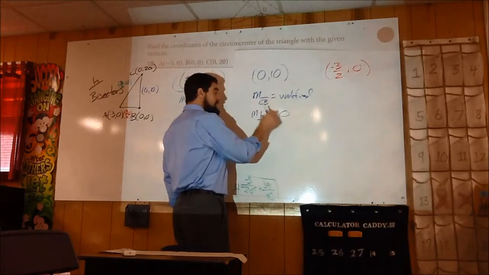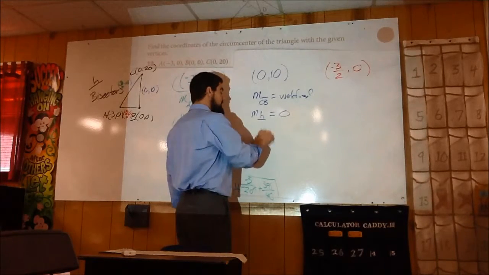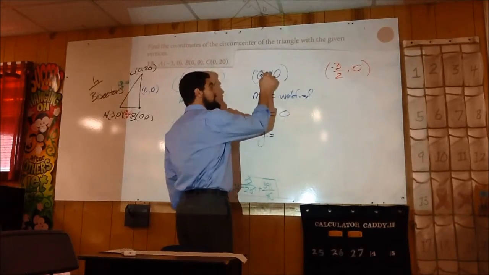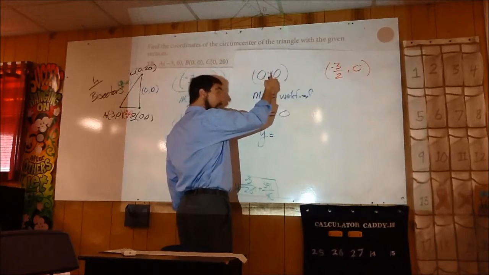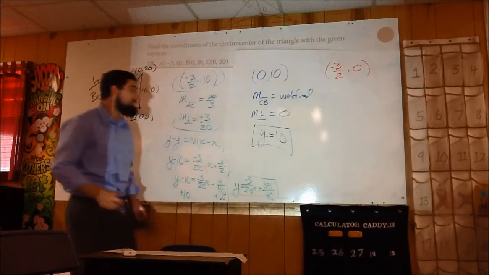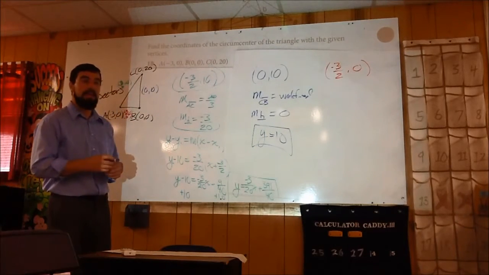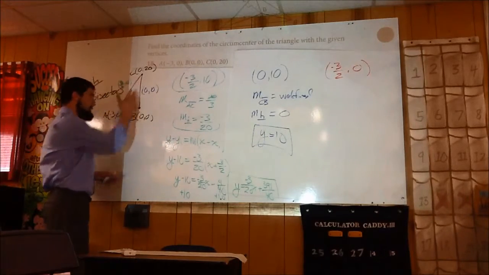If it's 0, it's horizontal. Keep your z's together. If it's horizontal, that is y equals some value. If it's going through this point at x value 0, y value 10, then that's real easy. This is going to be y equals 10. That is the equation of the perpendicular bisector of segment CB.